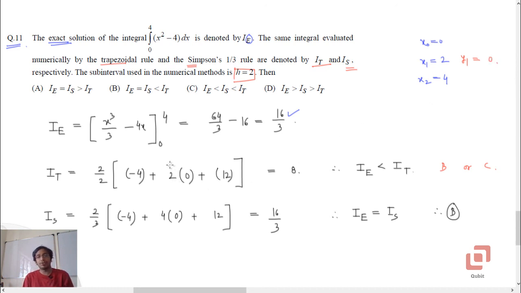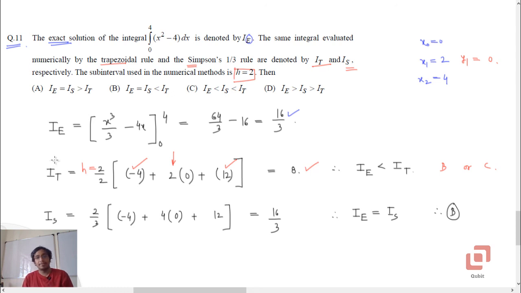You should multiply that value by 2 and other values of y should come as they are. If x0 is 0, y0 will be negative 4, and if x2 is 4, then y2 will be 16 minus 4 or 12. 12 minus 4 is 8, and this is multiplied by h by 2, but h is 2, so it is 8.